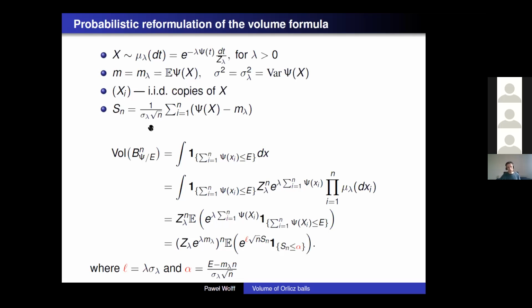Now we can write down what the volume of the Orlicz ball generated by this function psi divided by the level E is. It's simply the integral in R^n of such an indicator.